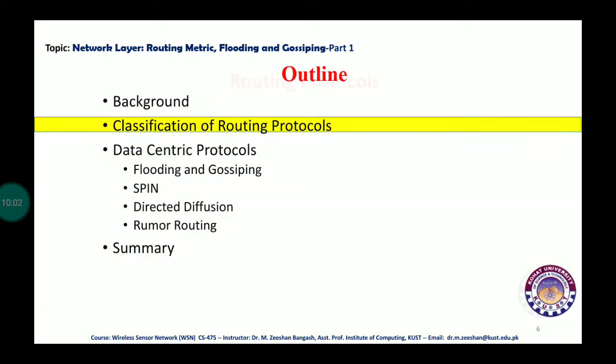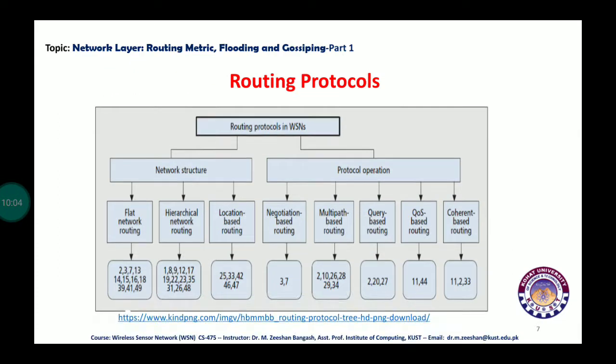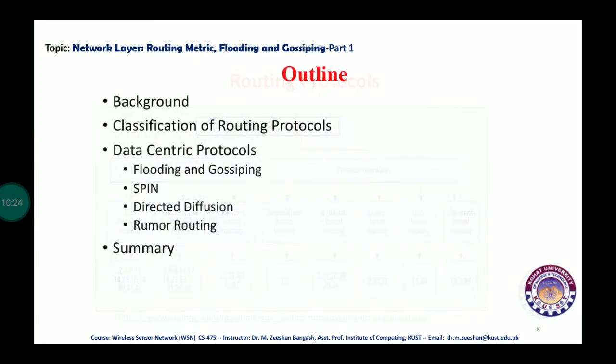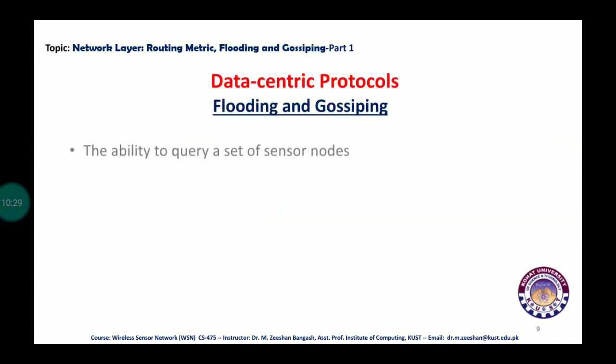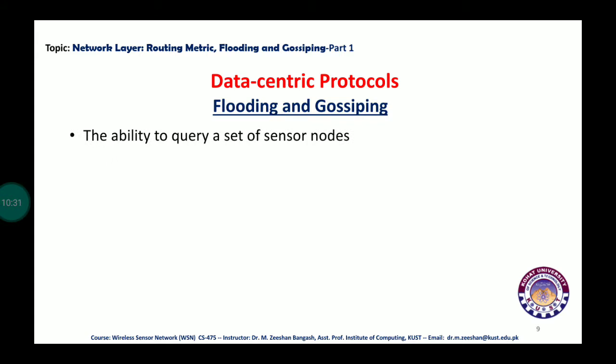So let's discuss some of the routing protocols. The routing protocols in wireless sensor networks are categorized by network structure and protocol operations. You can look at the figure in which the hierarchy of routing protocols in WSN is shown. So let's discuss the data centric protocols. The first is flooding and gossiping.